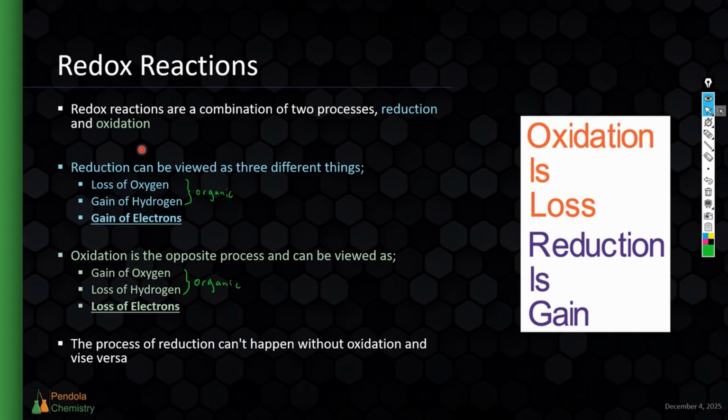Now, why do we call this redox overall? The main reason is because reduction and oxidation cannot happen separately. Reduction is the gain of electrons, meaning those electrons have to come from somewhere. Where do those electrons come from? They come from something that's getting oxidized and it's losing electrons.